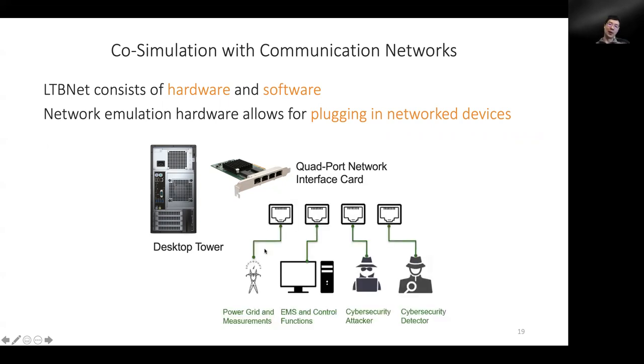On those ports, we can plug in, for example, data sources for our power grid, and another one for our applications, as well as we can accommodate those cybersecurity players. We can have an attacker and a cybersecurity detector and mitigation algorithm running. So the point is that we can plug in those physical network devices.